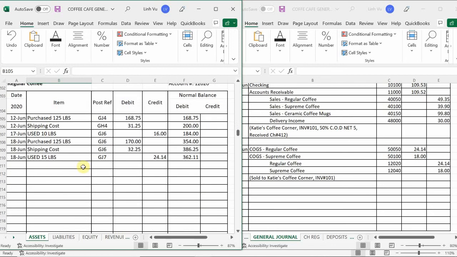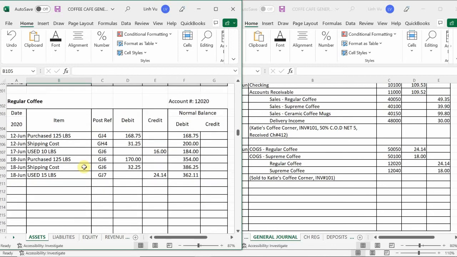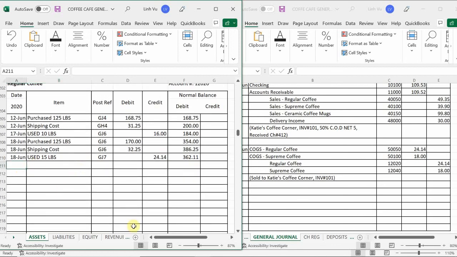So let's go to my regular coffees. Here you go, regular coffee. I sold 15 pounds.